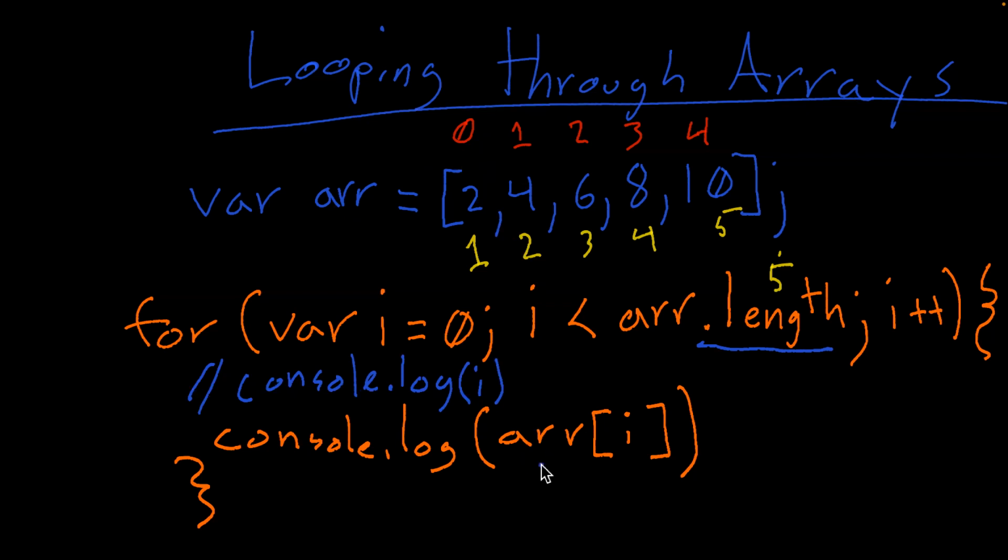So we say r at i. And i is going to change as it increases. So it starts at 0. r at 0 is what? 2, right? r at 1 is 4. r at 2 is 6. So as i is going up, 0, 1, 2, 3, we're getting the different values that their index positions are pointing to.